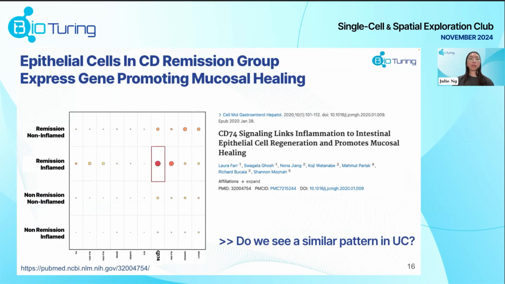And I found that this one gene in particular, CD74, was very highly expressed in the remission group. And doing some literature search, I was able to find that this gene, CD74, is linked to inflammation and to intestinal epithelial cell regeneration and also promotes mucosal healing, which is very interesting. So this ties directly back to perhaps this gene could be promoting this mucosal healing, leading to the success of this treatment.